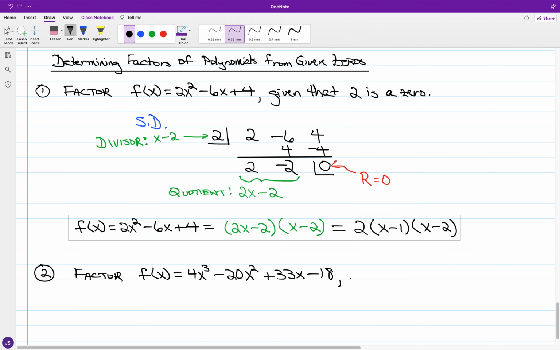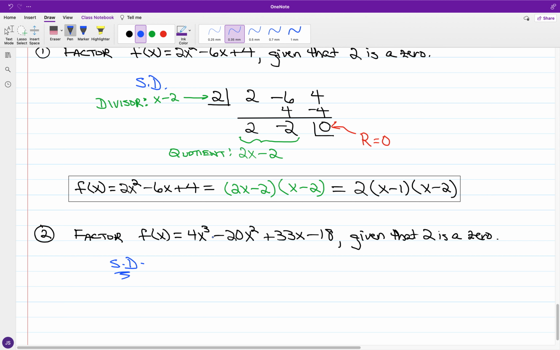And we are given that 2 is a 0. Once again, I had 2 as a 0 in the first case, and we'll use it again in the second. If I were to utilize synthetic division, just to double check, make sure that there is not a missing degree term from the dividend. So we've got a cube, a square, a first order, and a constant. So we're good to go.